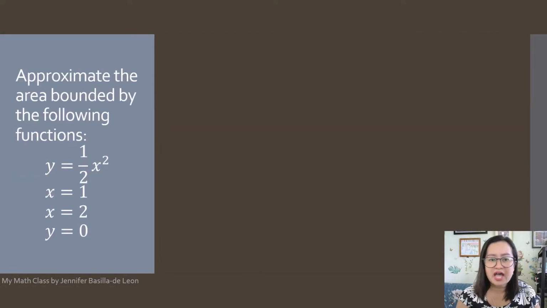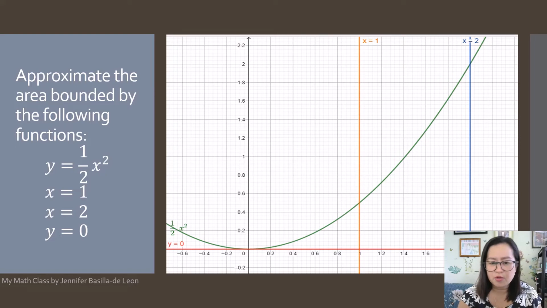So let's have the first example. Approximate the area bounded by the following functions: y equals 1/2 x squared, x equals 1, x equals 2, and y equals 0. Now, to facilitate our understanding, let's visualize using graphs. Using GeoGebra, we can have this visualization.